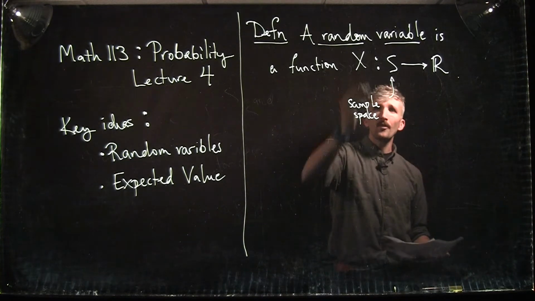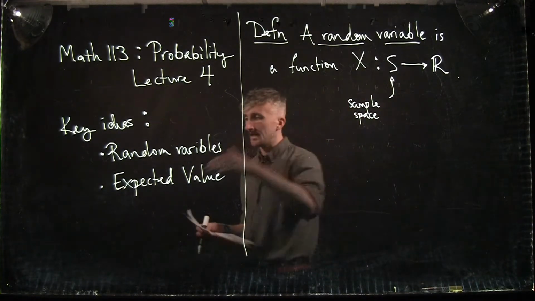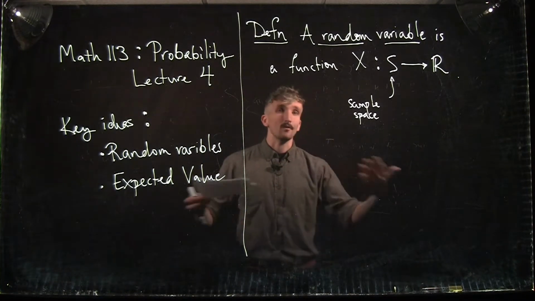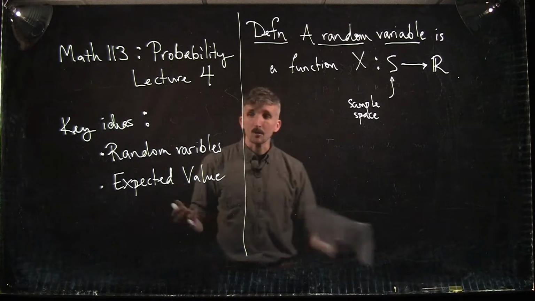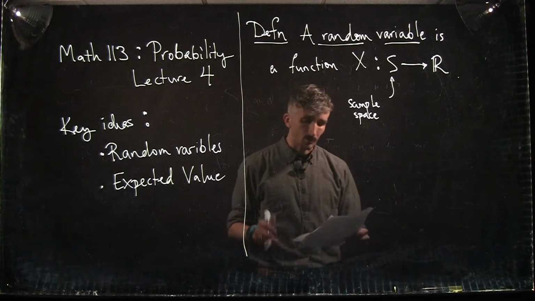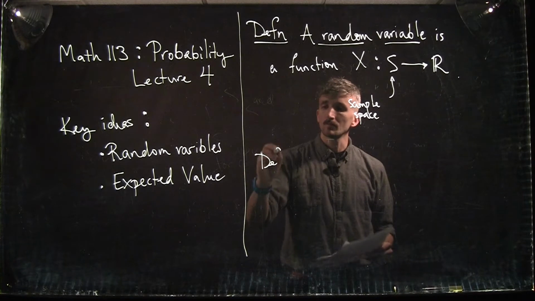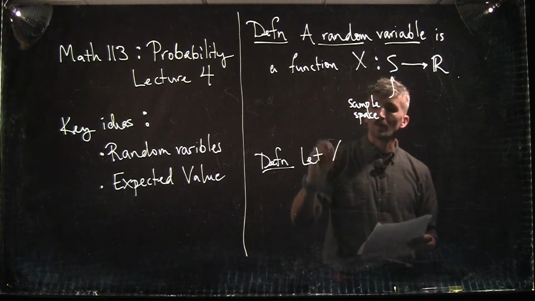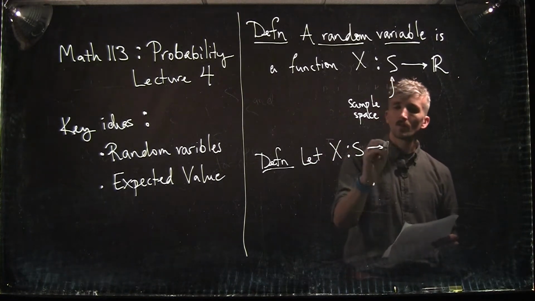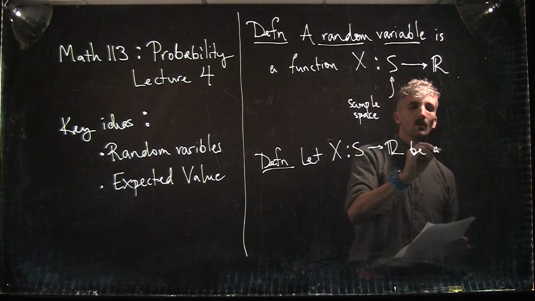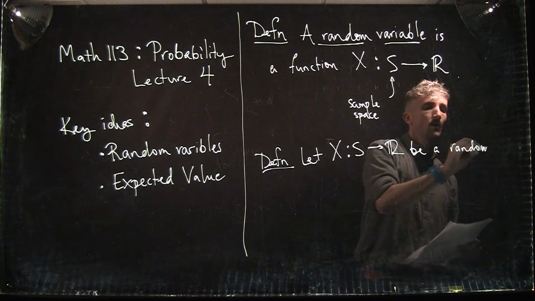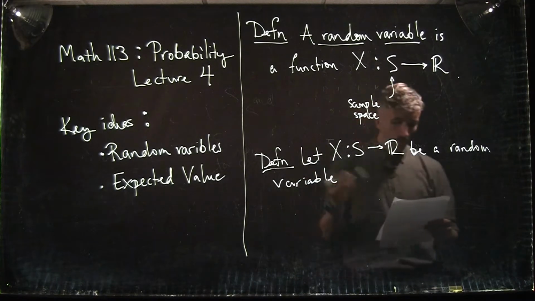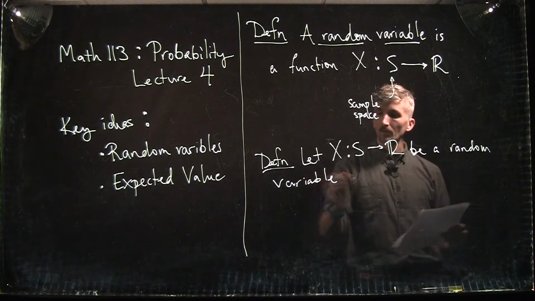Good. One thing that we want to understand once we're assigning numbers to each element of a sample space is what the average output is. That average output goes by the name expected value. So a second definition, given a random variable X, we'll go ahead and make a couple of definitions here.